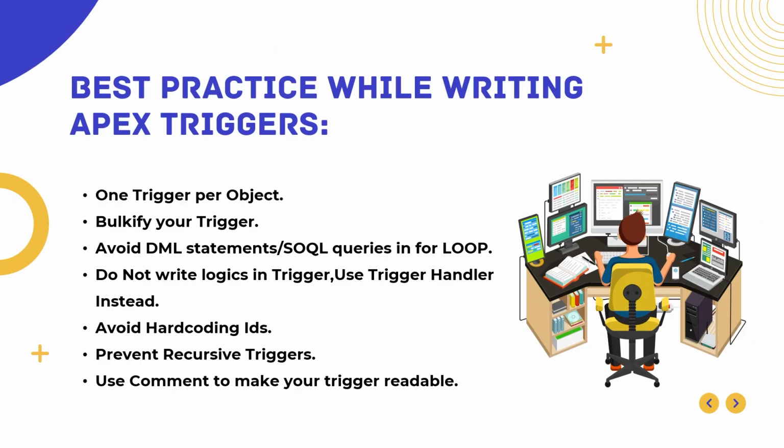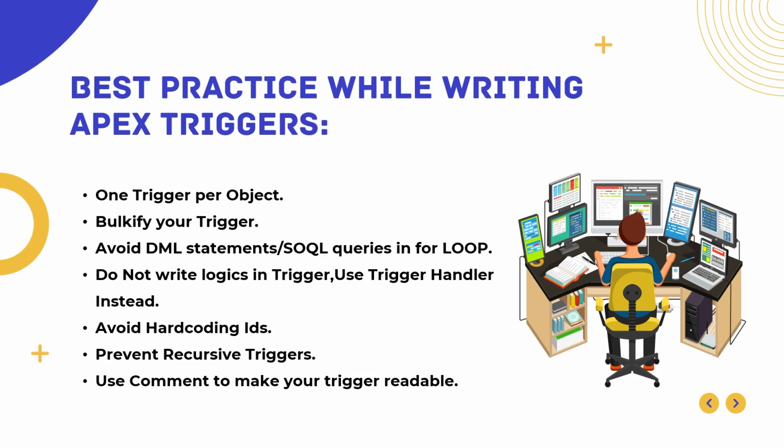Now here are a few best practices which we have used in all our scenarios. On one object we should have only one trigger. Our trigger should be bulkified, which means we should write our code in such a manner that it will run for millions of records.